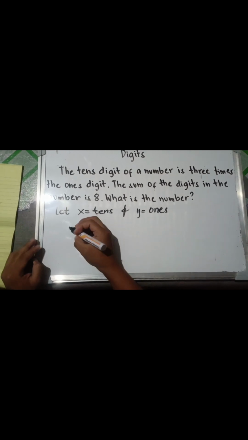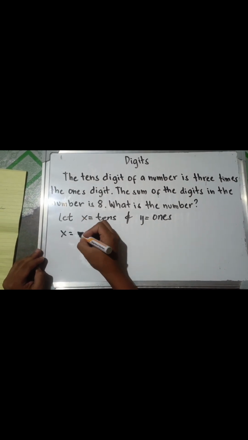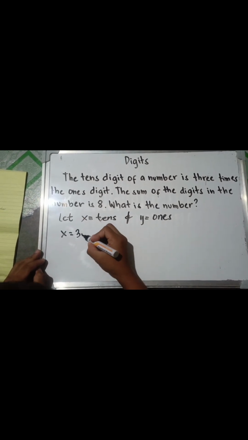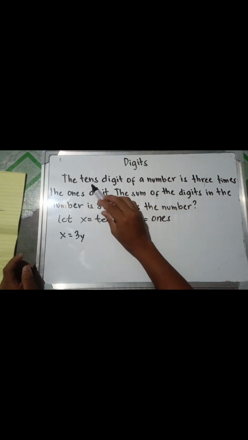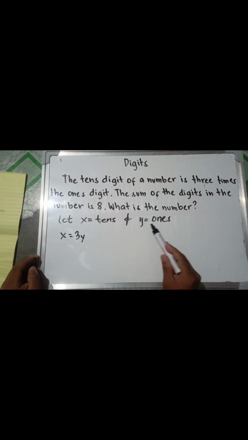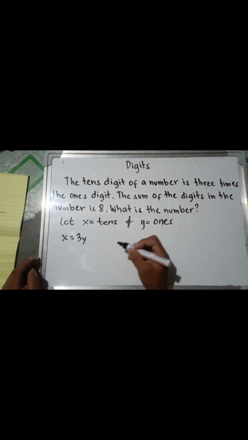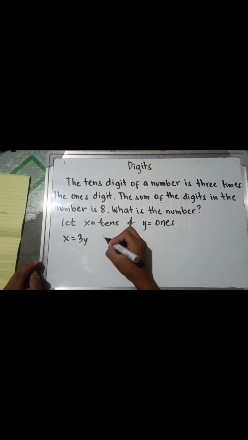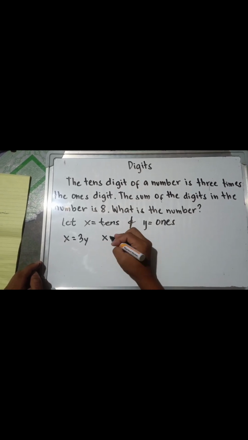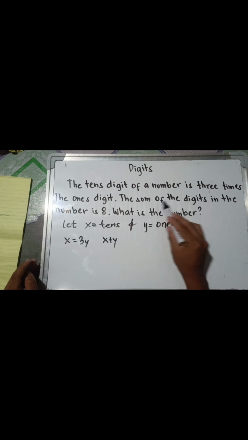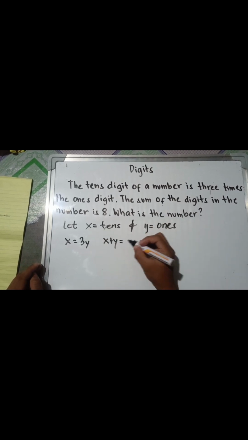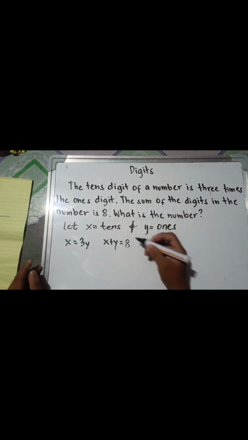So this is our equation. Our x is equal to 3y, because the tens digit is 3 times the ones digit, which is y. By adding these two digits, the sum is 8.